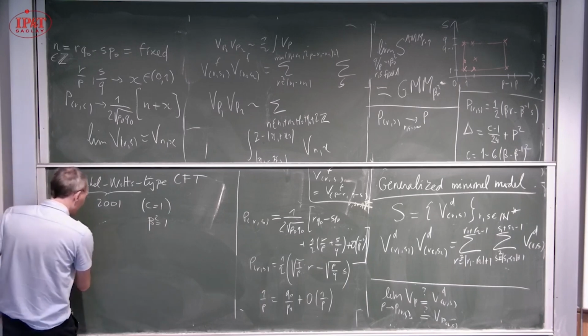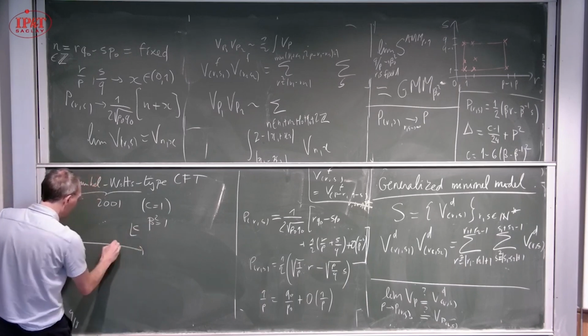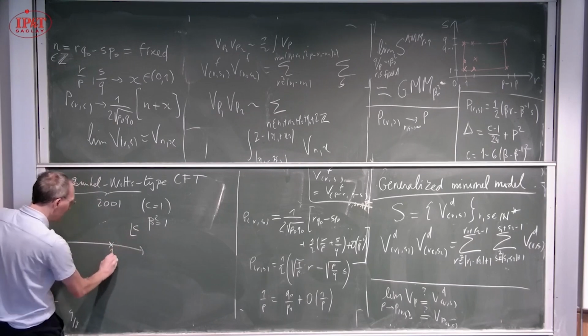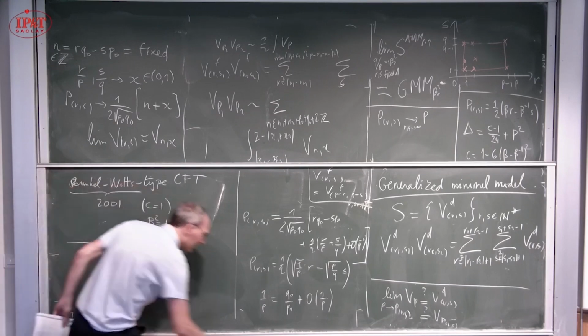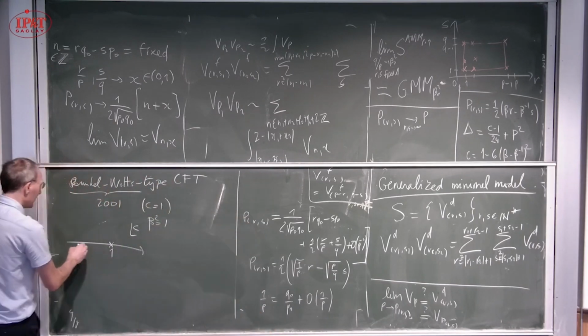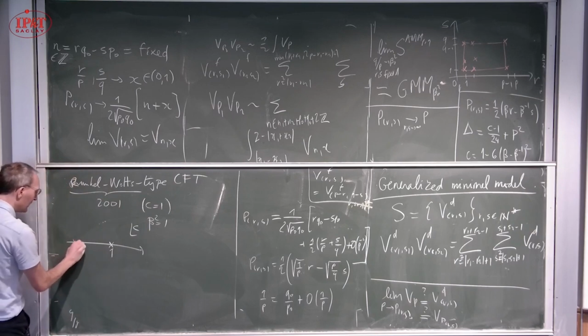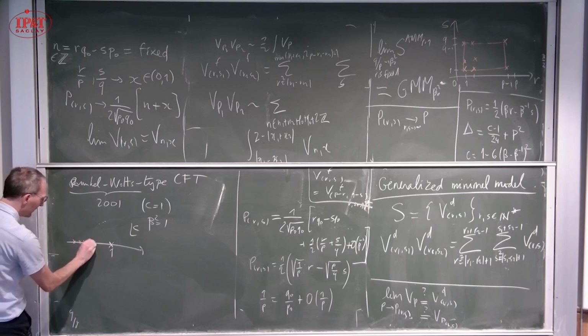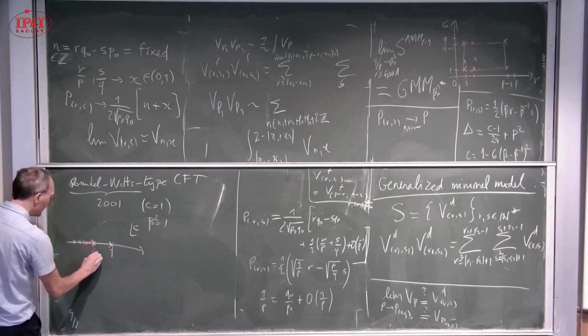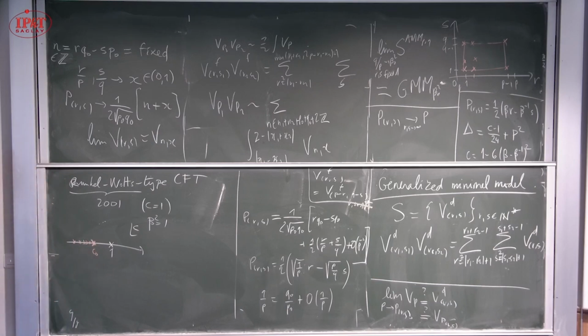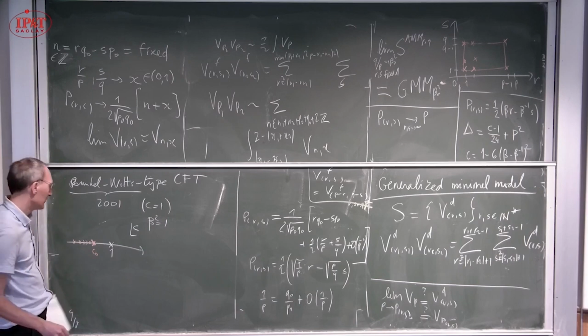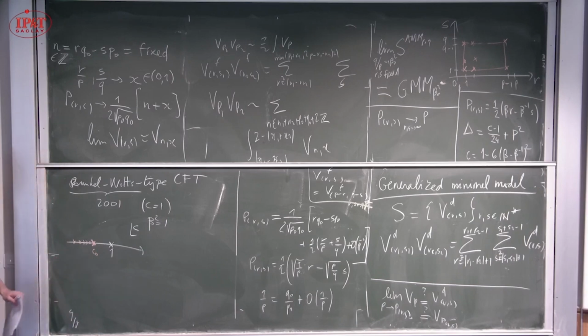So now let me look at the complex C-plane. We take a limit of minimal models. The central charge goes to some rational limit, C0. We get this non-trivial Runkel-Watts type CFT.